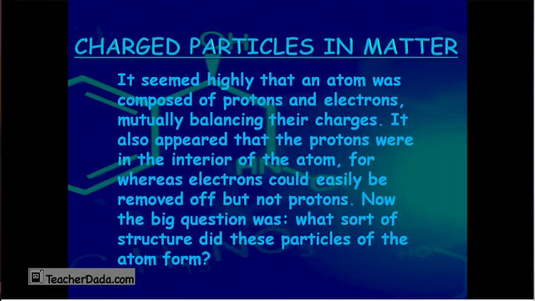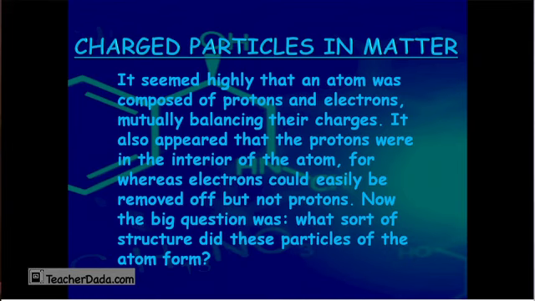It seemed highly likely that an atom was composed of protons and electrons mutually balancing their charges. If an equal number of positively and negatively charged particles are present, then they are going to neutralize or balance each other. It is very simple to understand. It also appeared that the protons were in the interior of the atom and they cannot be peeled or taken out.